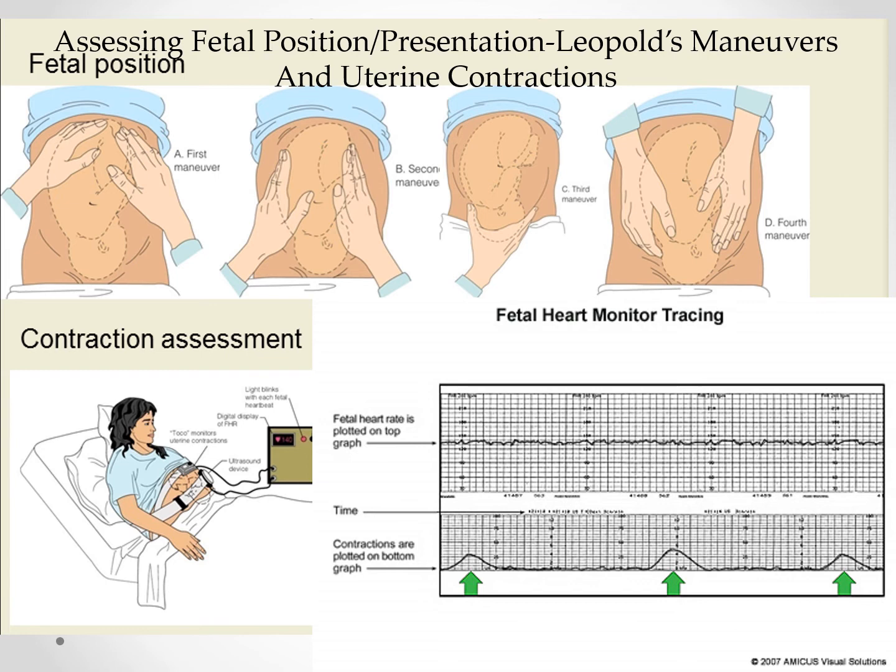And then the fourth maneuver is to feel in reverse of what you've just felt. So verify that the smoothness of the back is on one side and the bumps of the extremities are on the other. And then you'll have an idea of the position of your fetus. This obviously takes some skill and some time to learn.